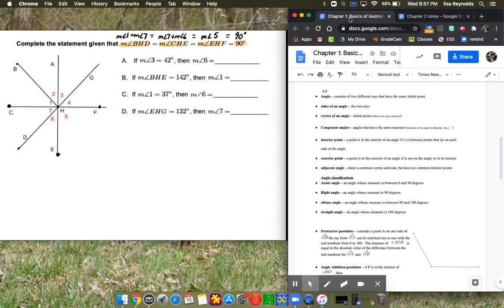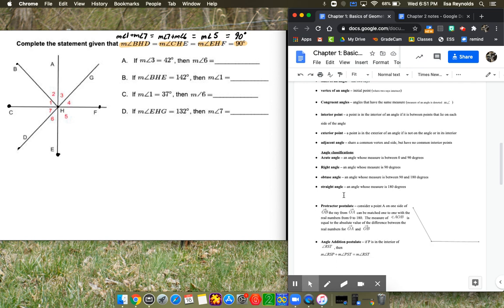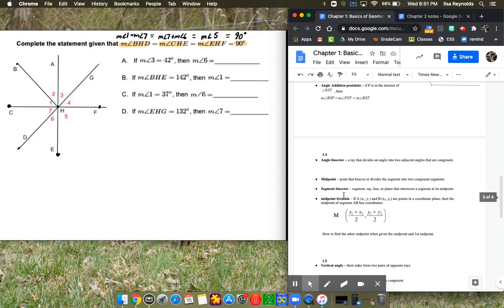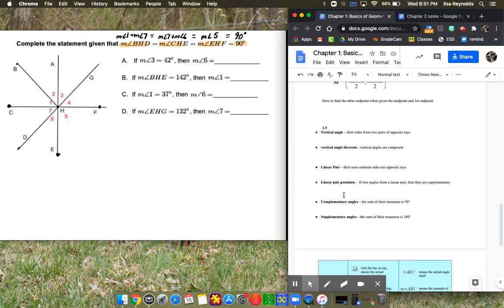You also need to remember something else. From chapter 1, we had a definition of complementary angles. So complementary angles have a sum of 90 degrees, and we just wrote 2 addition problems that have an answer of 90 degrees.